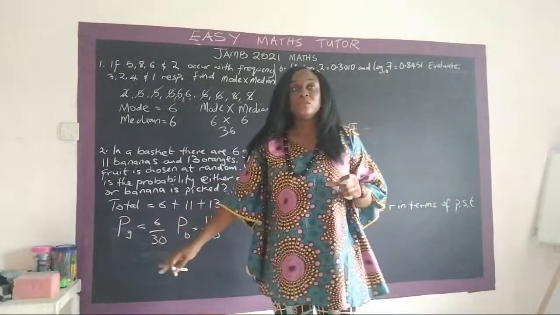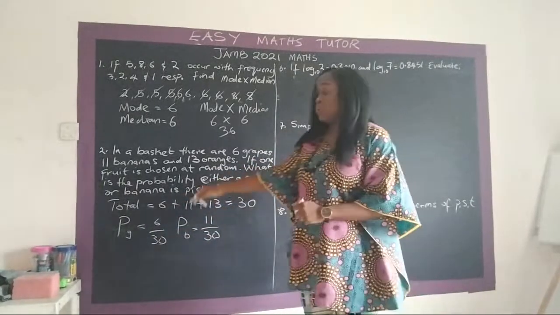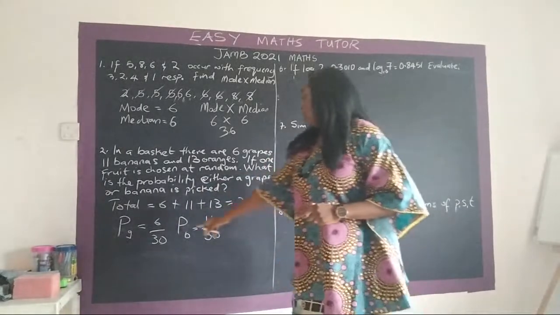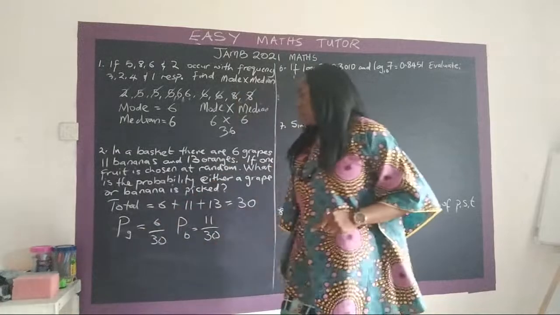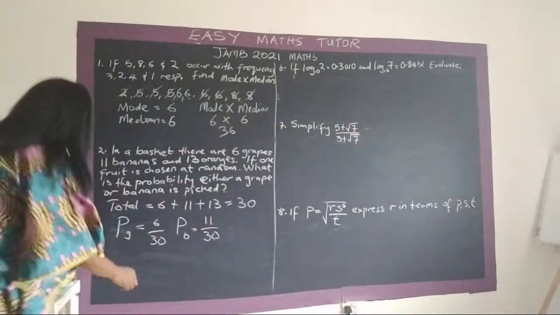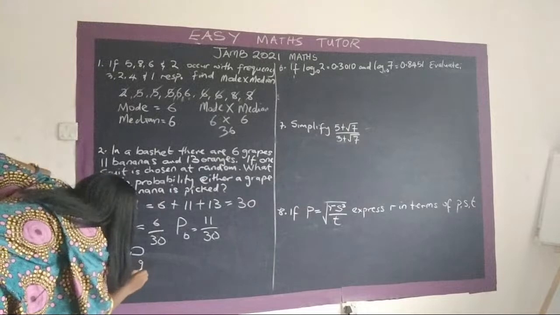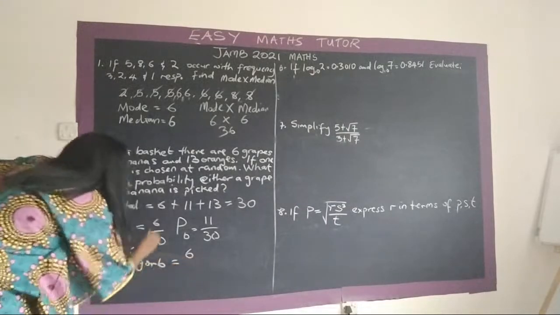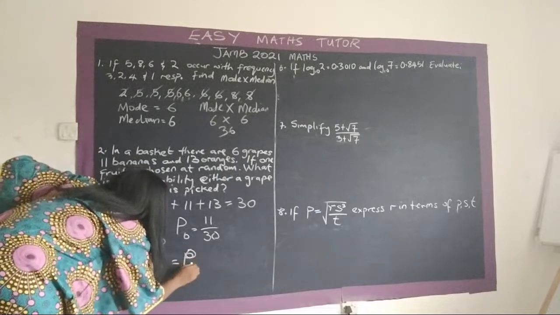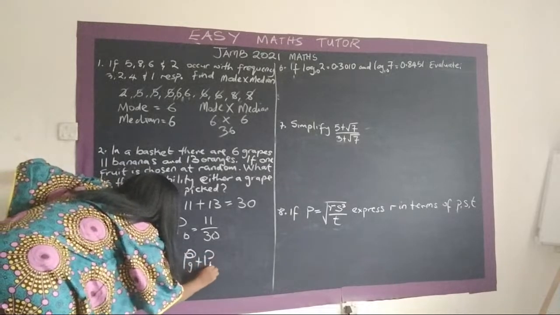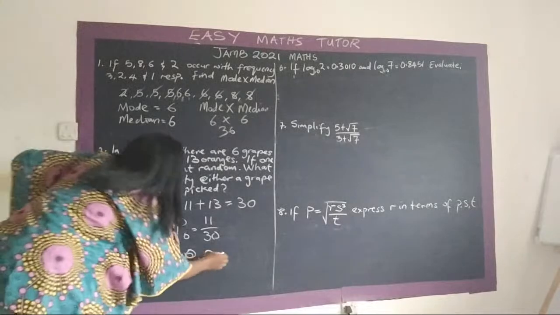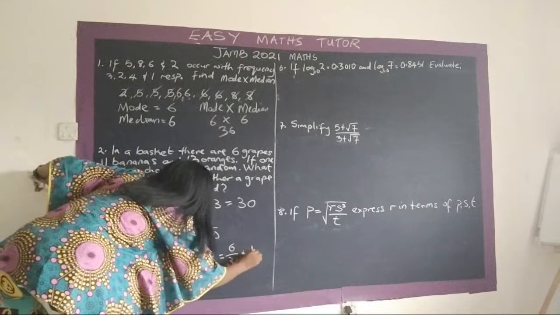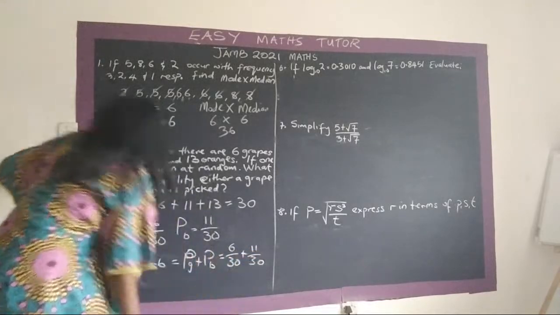Now, when you come to a point in your probability problems where you have to choose either/or, it means you have to add the probabilities of those items. So the probability of choosing either a grape or a banana is the probability of a grape plus the probability of a banana: 6 over 30 plus 11 over 30.